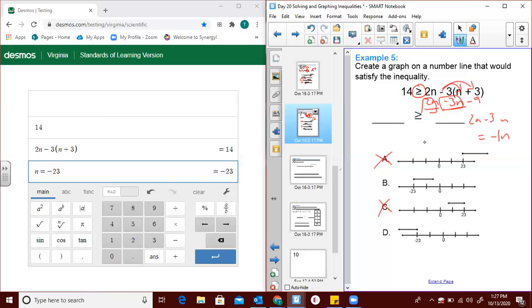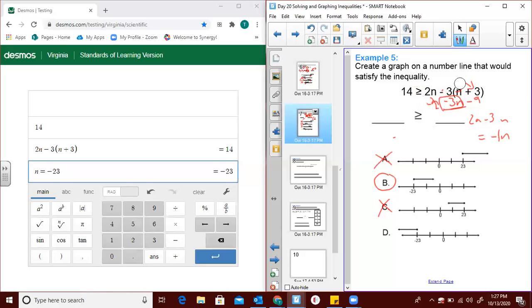So that sign will flip, which will make our n, since it's on this side now, greater than, right? Because our n is over here. So our n is actually greater than negative 23. All right, so it's kind of tricky. You have to switch the sign and your n stays on the right. We're used to the n being on the left.